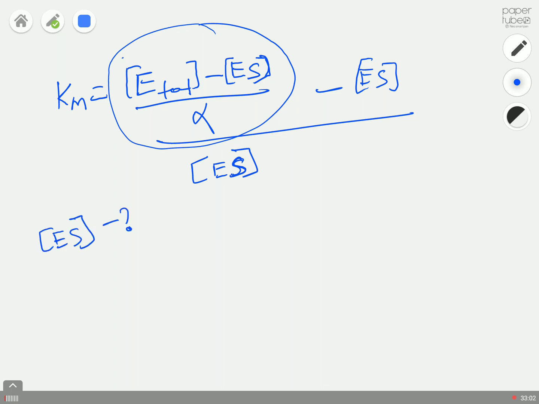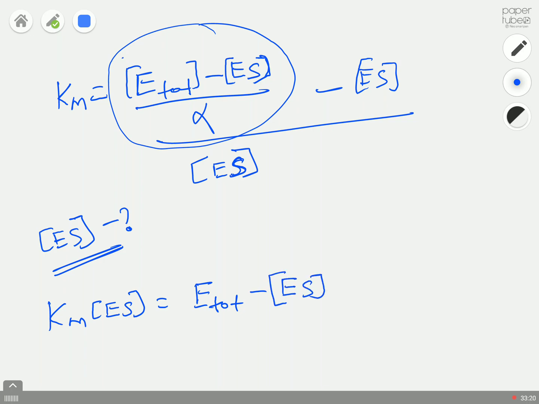This is something that we cannot measure, so that's why we have to calculate it theoretically. So let's do that. Km multiplied by enzyme substrate complex will be equal to E total minus enzyme substrate complex. No, E total minus, I think we did some mistake somewhere.